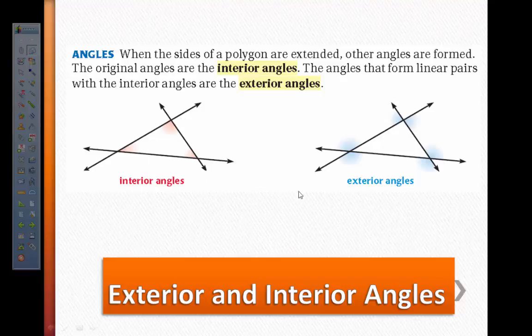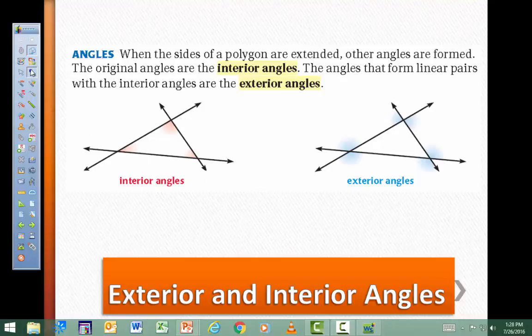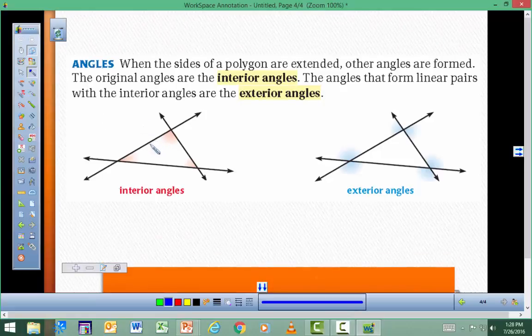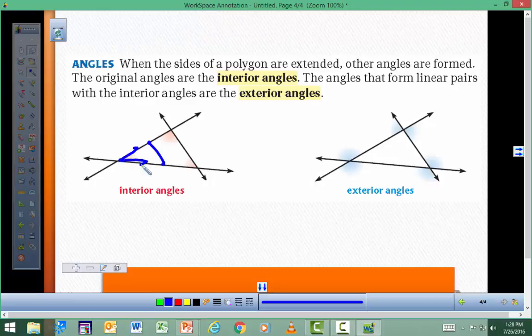And let me just review an idea about interior that we've had before. If you take any point on this segment, any point on this segment, and you connect them, remember, that's how we determine the interior for an angle. We took one point from one ray and one point from another ray. Well, you can use that idea here.